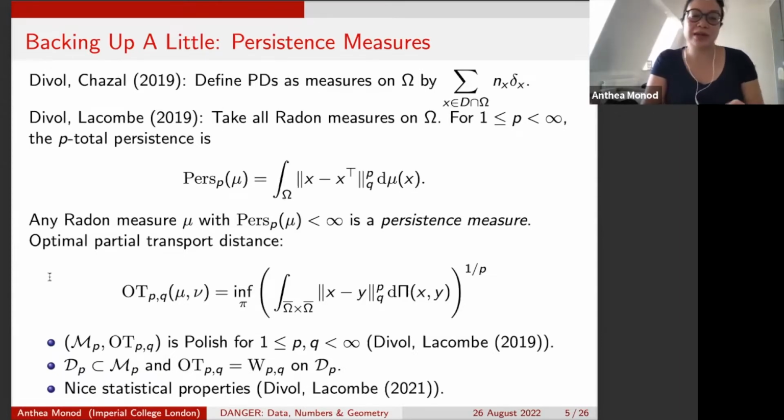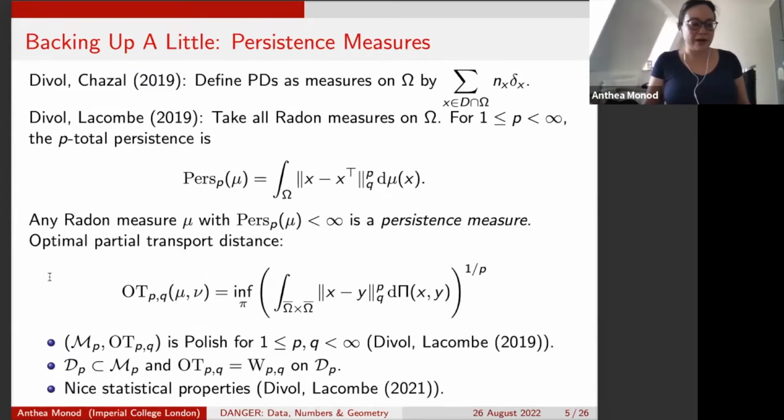It can be equipped with a distance also. Here they study the optimal partial transport distance, which is inspired by optimal transport theory. And there have been properties studied about this, that it is a Polish space, which means that statistics and probability are, again, well defined.